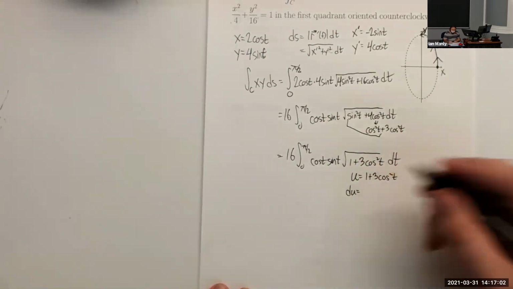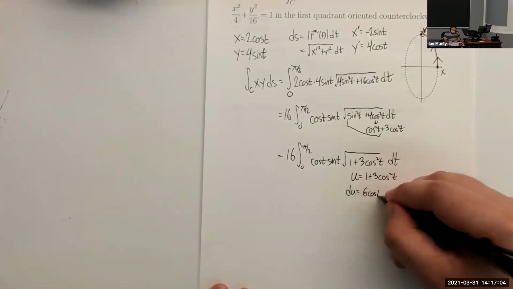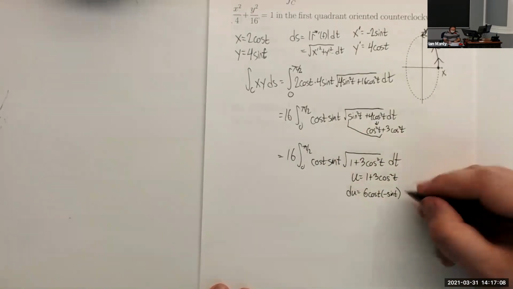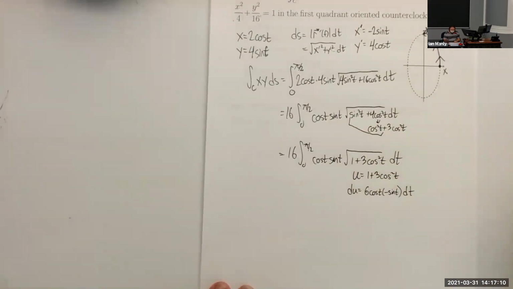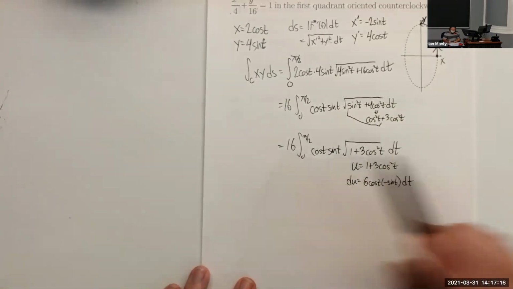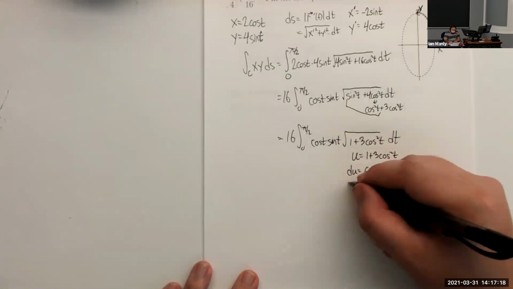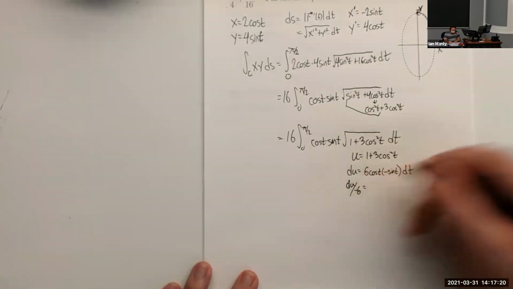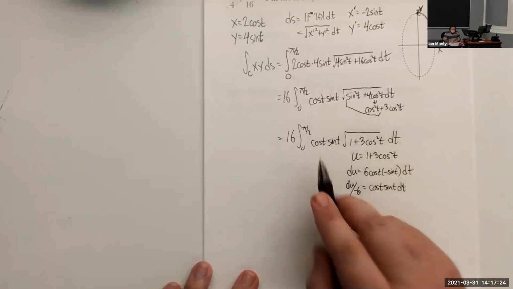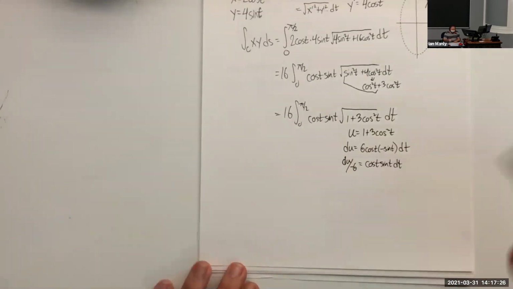And then I have 6 cosine of t, and the derivative of cosine will be negative sine of t dt. All right. And then finally, I don't have a 6 here, so I'm just going to divide by negative 6. We have cosine of t, sine of t dt. And that we do have in our integral, so that's good.